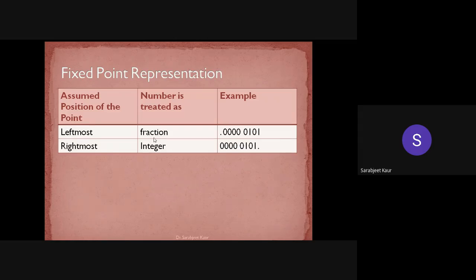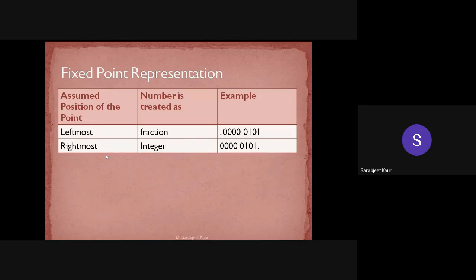Are you following? Yes, ma'am. And if we assume the rightmost position for the point, then the entire number becomes an integer.